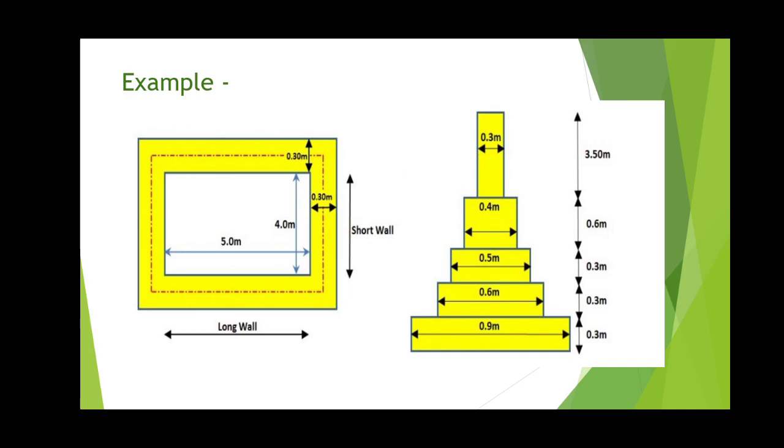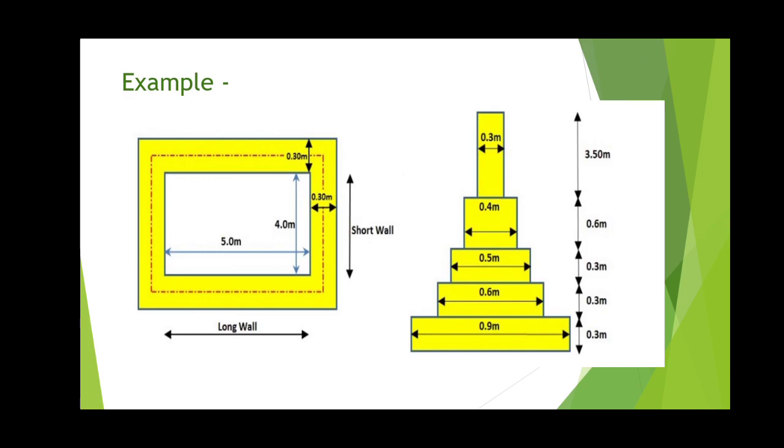Also, the cross section for footing is given, in which the base width for footing is 0.9 meter, made up of concrete. The second step is of brickwork with a thickness of 0.6 meter. The third step is of brickwork having 0.5 meter.